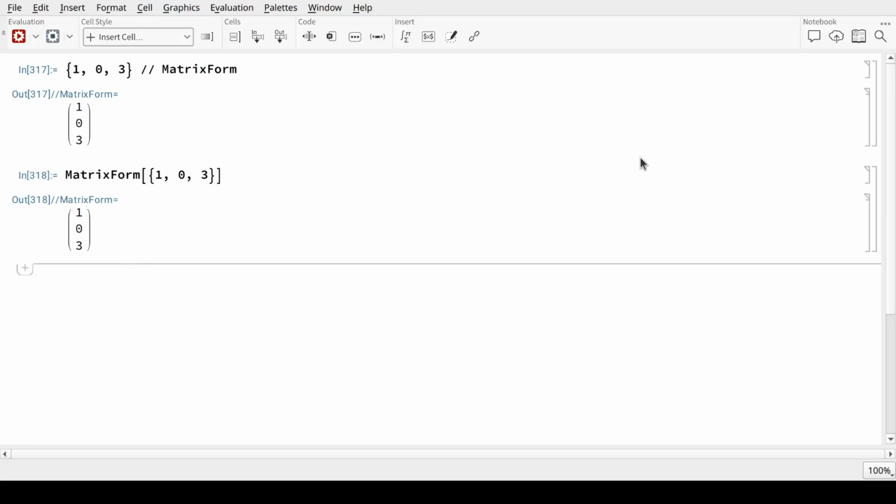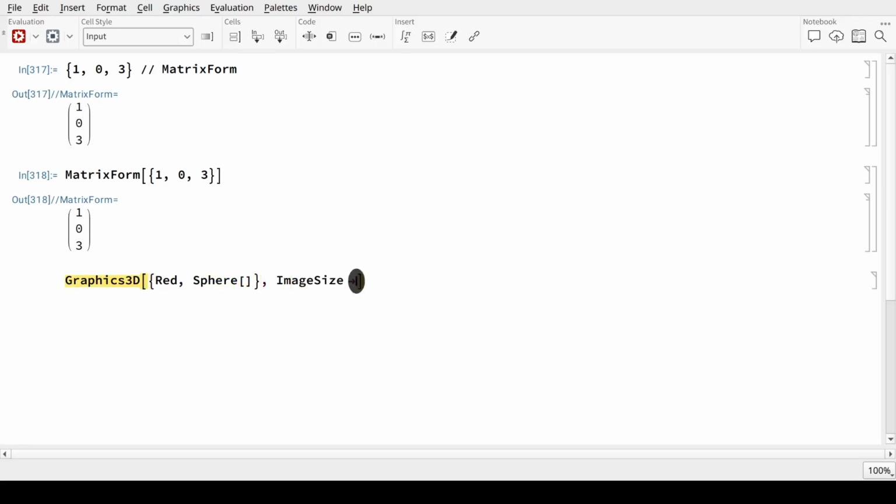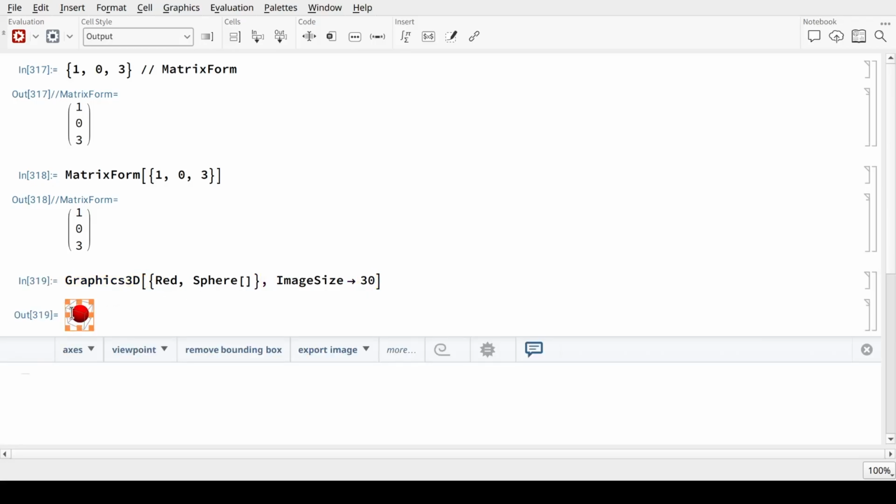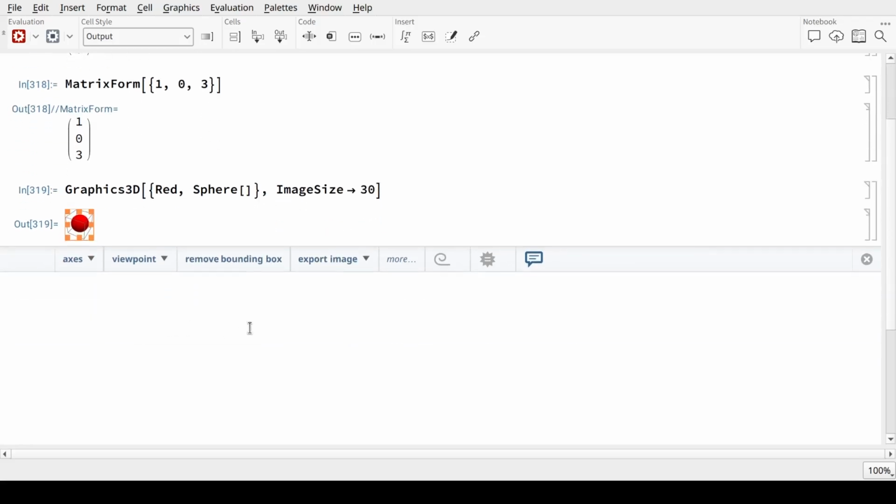Well, another thing about Mathematica is that anything can be used as a symbol. That is, let's graph it using 3D. Let's create a red sphere, right? And let's give it an image size of 30. We get this beautiful small light sphere, and we can just use it as a symbol.